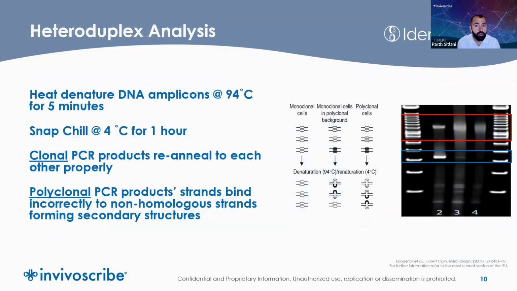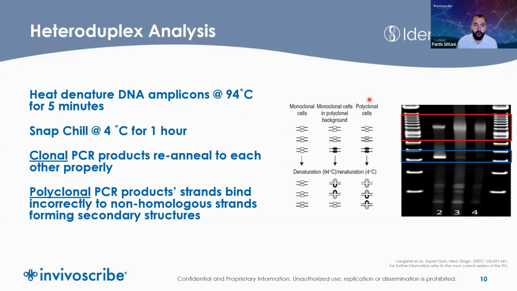So starting with heteroduplex analysis, what we do is we take our PCR amplicons that have all of our VDJ rearrangements amplified, and we heat denature them at 95 degrees for 5 minutes, and then we snap chill them on ice. What that means is that when you have a population of clonal cells, when they are snap chilled back together, they very easily find their reverse complement partner and lead to a band when they travel through the gel.